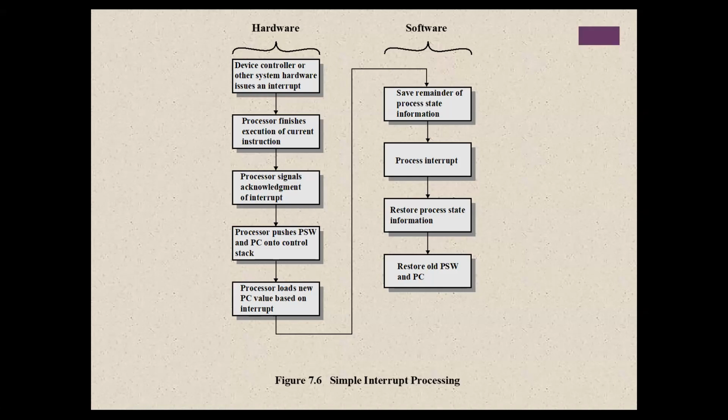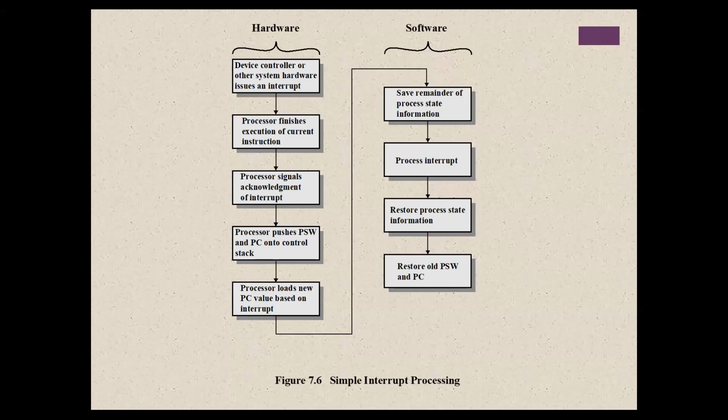The execution of this program results in the following operations. First of all, at this point, the program counter and the PSW, the program status word register, relating to the interrupted program, have been saved on the system control stack.